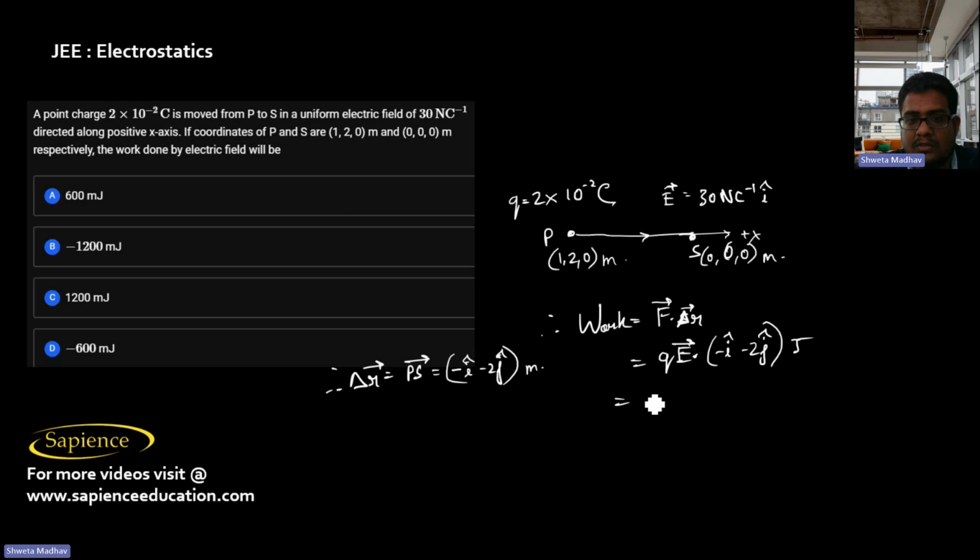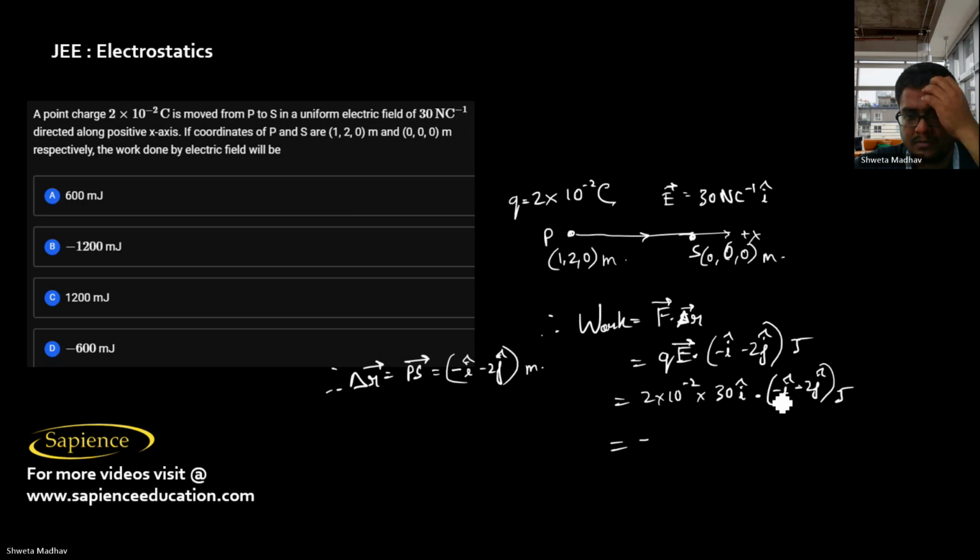So Q is 2 into 10 power minus 2 coulomb into 30 Newton per coulomb into i cap, dot product with minus i cap minus 2j cap. So this will be i cap dot minus i cap, that is minus 1, giving minus 2 into 10 power minus 2 into 30.